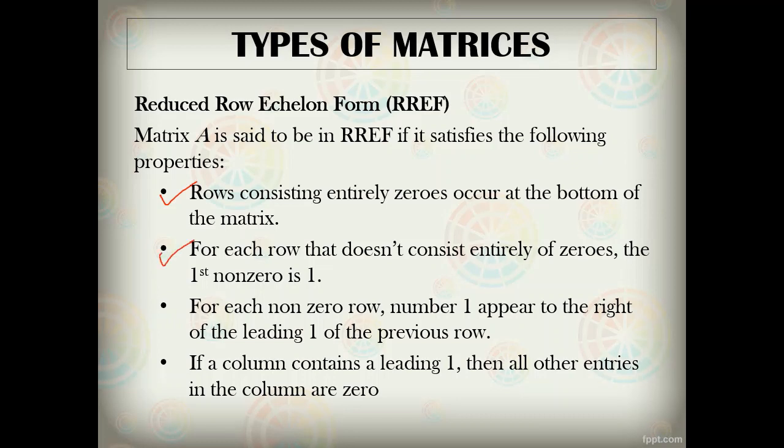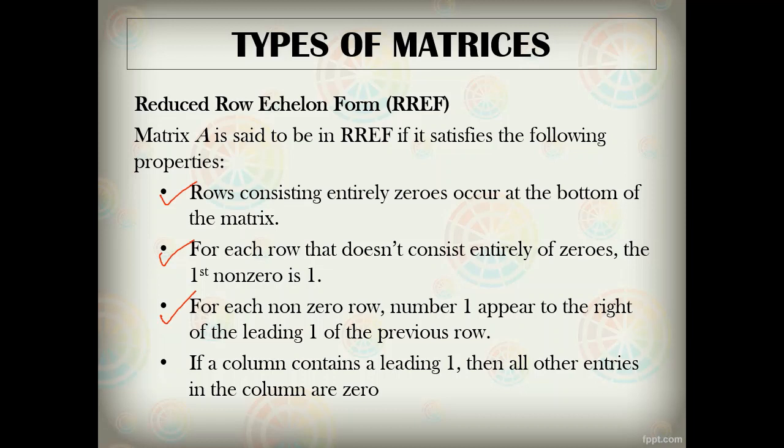The second property also remains, meaning the number one must start after zero. The third property: for each non-zero row, the number one must appear to the right of the leading one of the previous rows. So this is similar to REF.